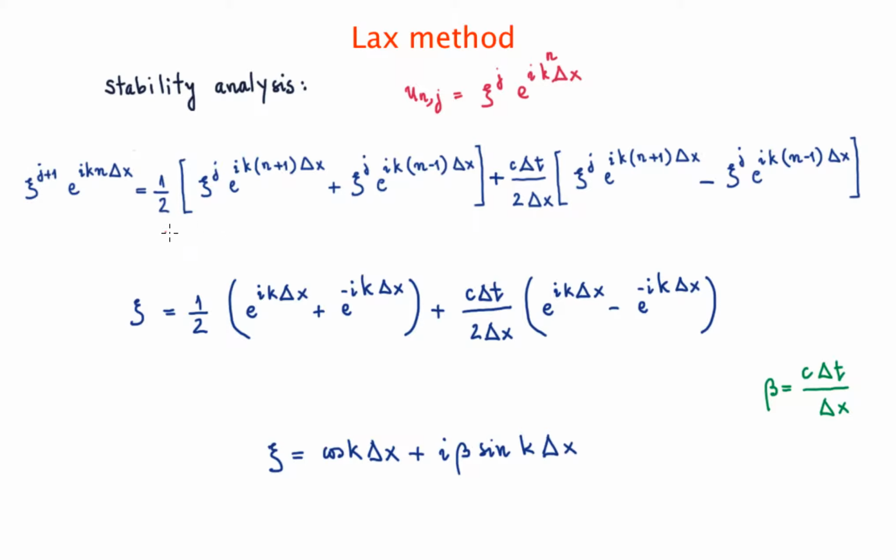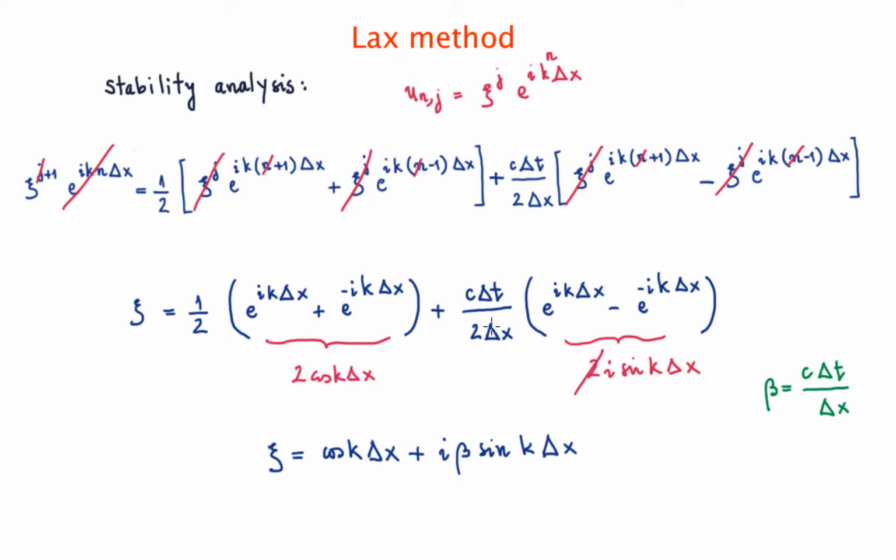We are going to simplify it as much as we can. So as you can see, this eta to the n disappears here. It disappears because it appears in all the terms we have in the expression. Then this exponential also you can simplify by this exponential. So doing these simplifications, that's the result that we have. And we can simplify it further because we already know that this is 2 times the cosine of k delta x, and this is 2 times i sine of k delta x.